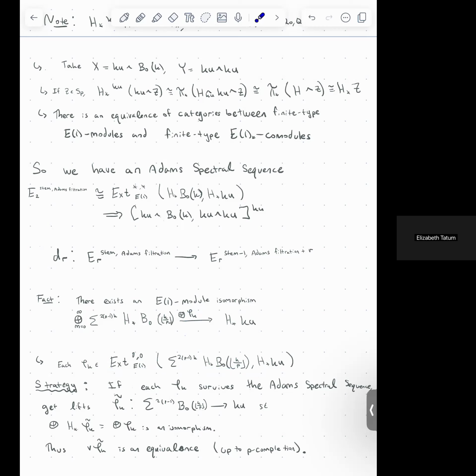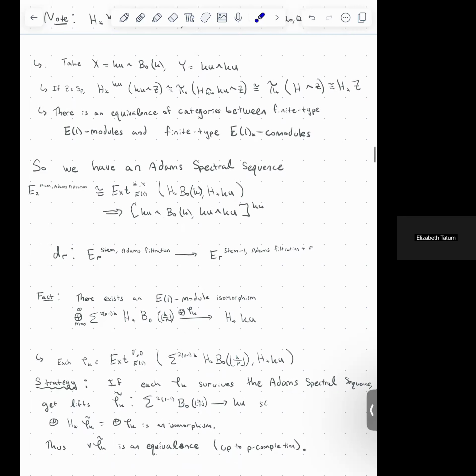So the strategy is to show that each phi k survives the Adams spectral sequence, because if it does, you get these lifts to the level of spectra with the property that the homology of those lifts adds up to be an isomorphism. So then you get that your lifted maps give an equivalence up to p completion.